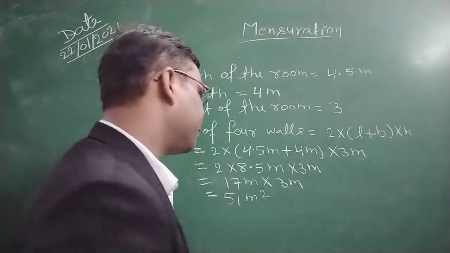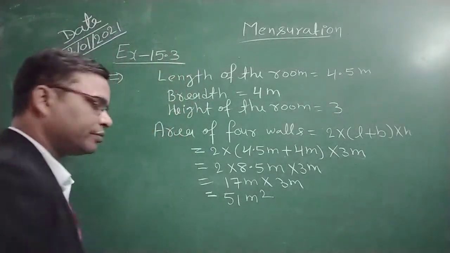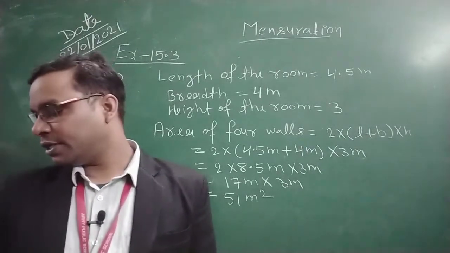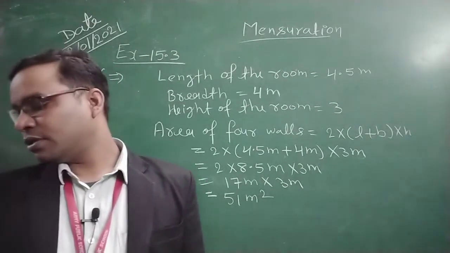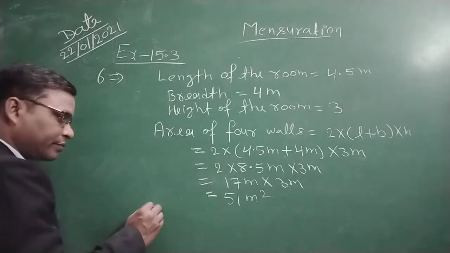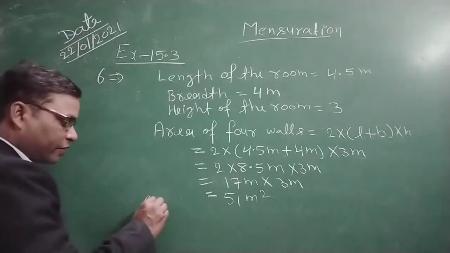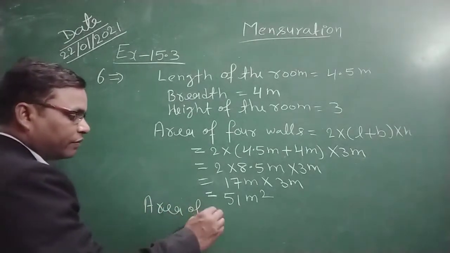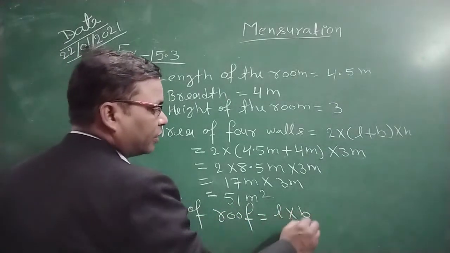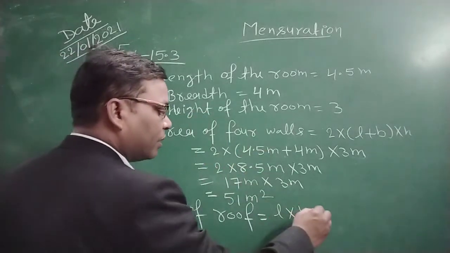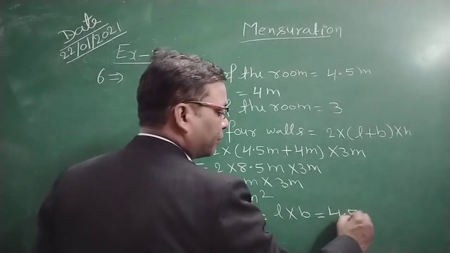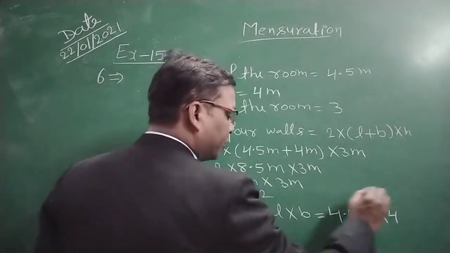Now we find the area of the roof. Area of roof is equal to L into B, length into breadth, which is 4.5 meter into 4 meter.